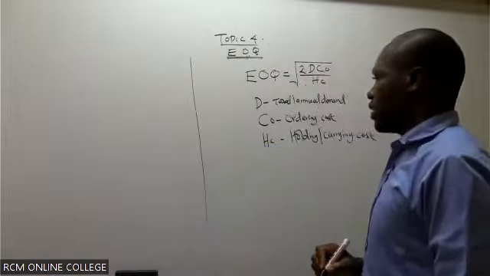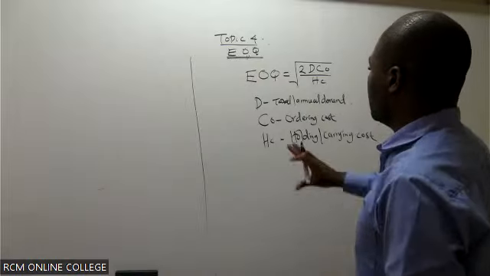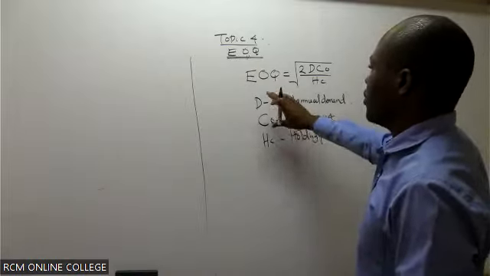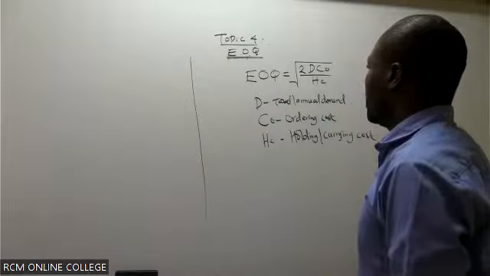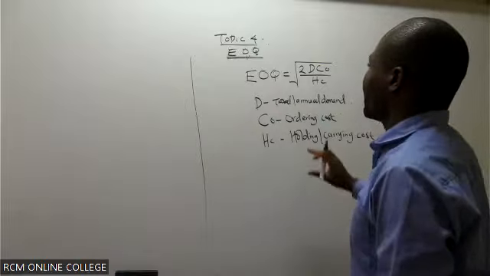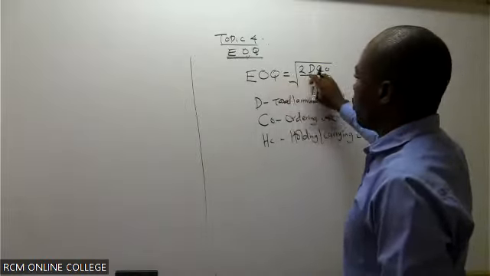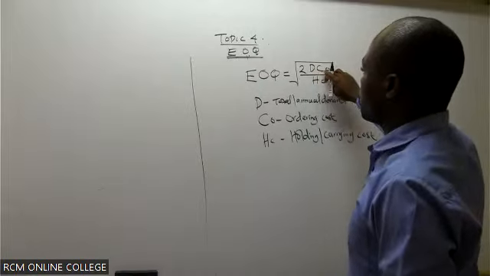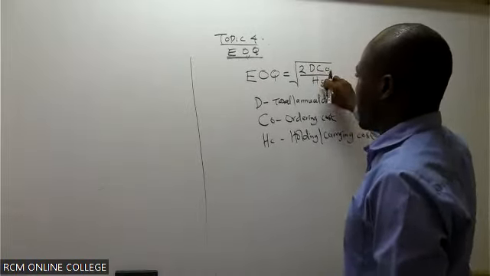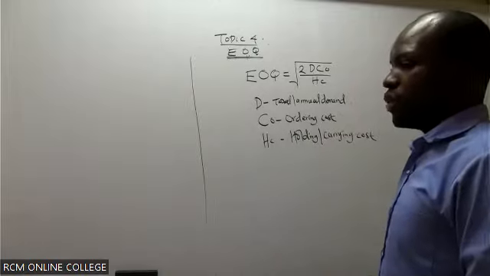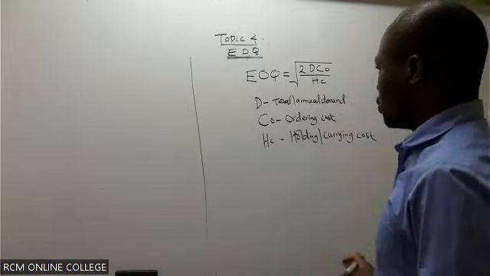Once you understand this and you are given a question, you basically do a very simple job. Just identify what will be there as D, what you have there as ordering cost, and what you have there as holding cost.